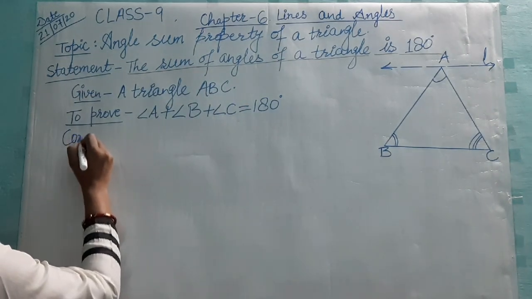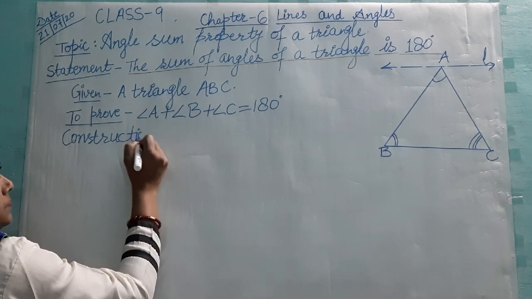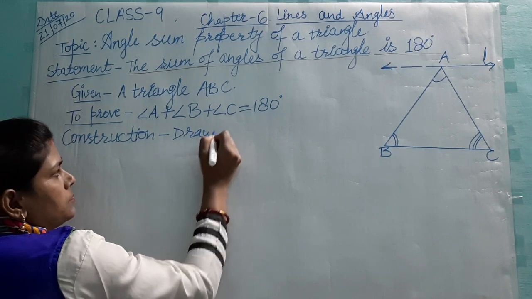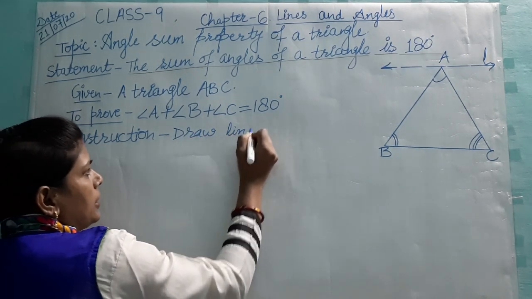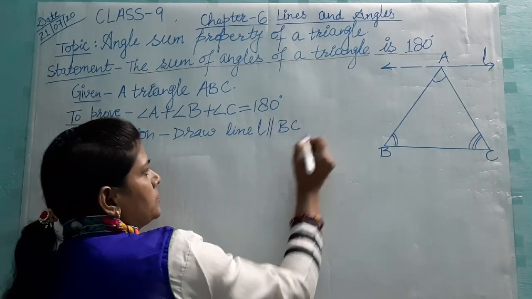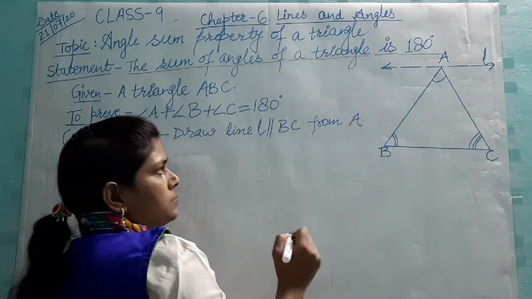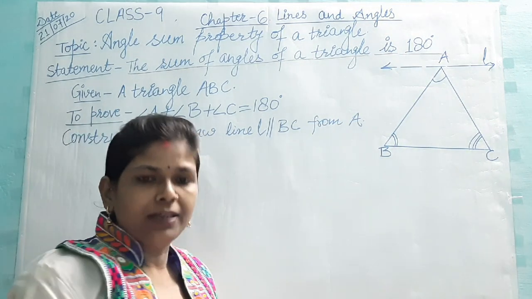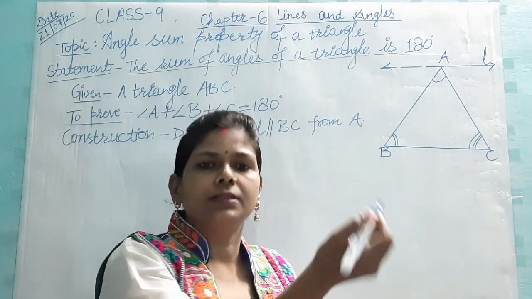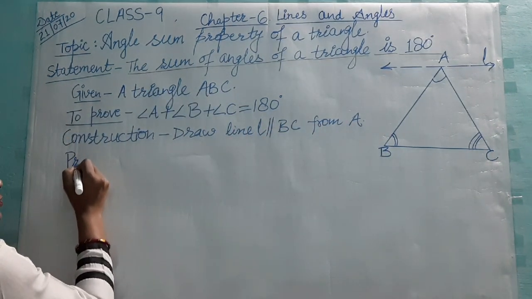Now write the construction step: draw line L parallel to BC from A. Or we can also write, through vertex A. Okay. Now the last step is proof.